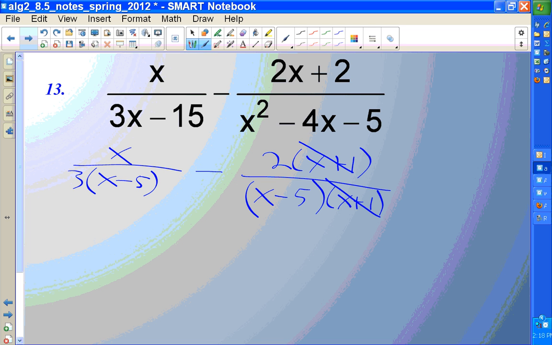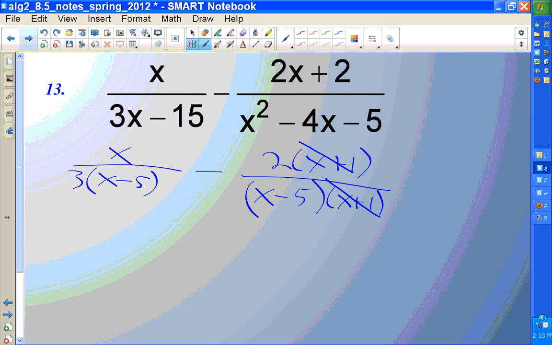Yeah, but I haven't got common denominators yet. All I did was factor top and bottom. What this is going to do for you is make your common denominator a smaller common denominator. Does that make sense? Just saving you time in the long run.